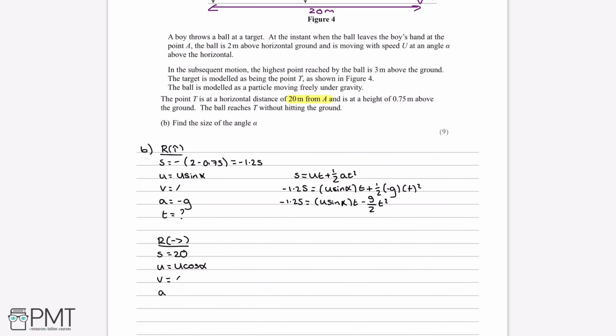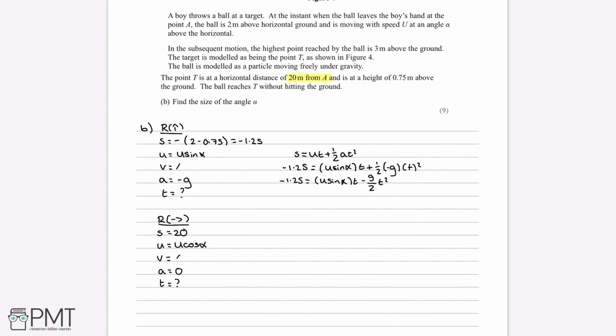And our acceleration, when we resolve horizontally on a projectile motion question like this, is actually 0 meters per second squared. There's no acceleration resolving horizontally. And lastly, t, we don't know, but we'd like to know, for the same reason we did when resolving vertically, which was that this t here and this t here are exactly the same, and this could come in handy in our simultaneous equation.